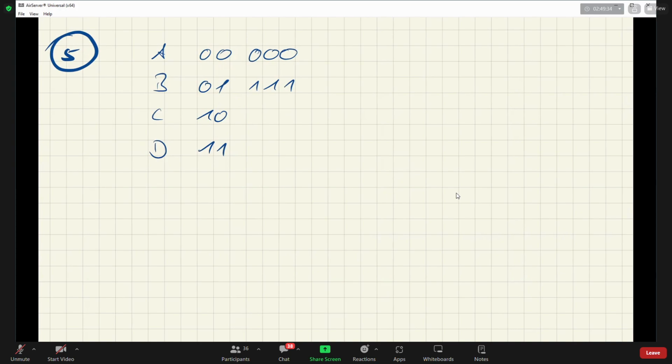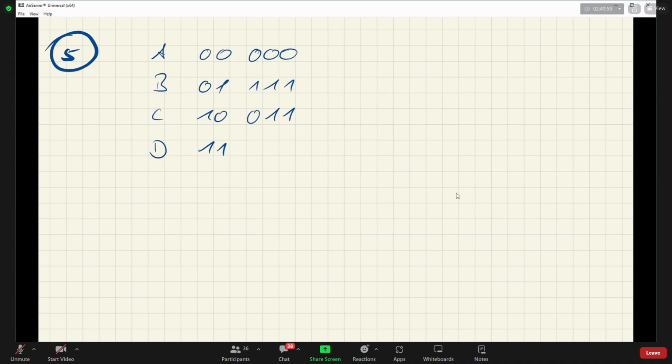The next one that I can add is 0 1 1. And we still have here a Hamming distance of 1, 2, and 3 to the others. And to the last one, I'm also now adding such that I have a Hamming distance of at least 3.